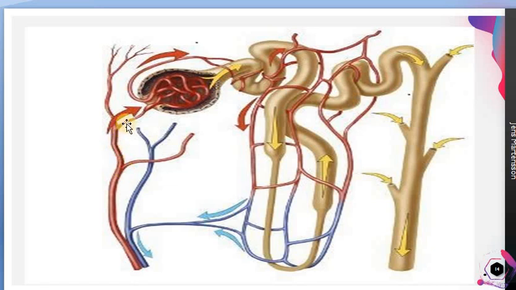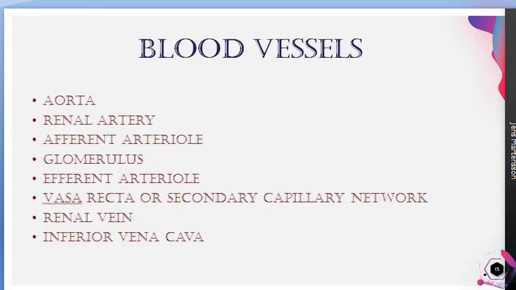Renal artery branches into the afferent arteriole, which later forms a capillary called the glomerulus and combines to form the efferent arteriole, and then this forms a secondary capillary network, known as vasa recta, and forms the venule, renal vein, and then the inferior vena cava directly goes to the heart. Okay, right? So these are the blood vessels here.